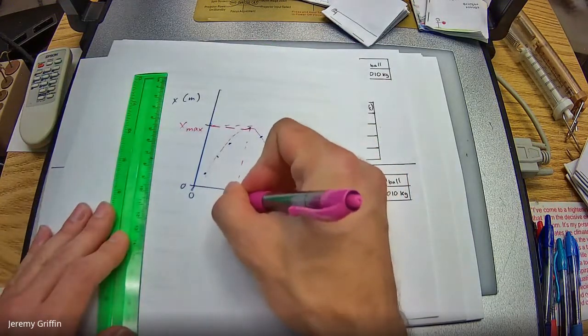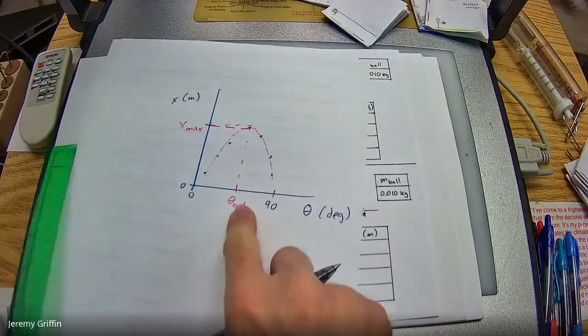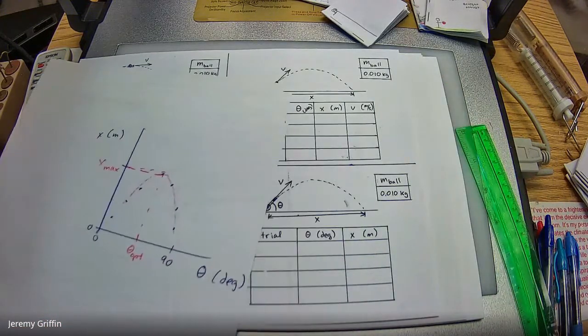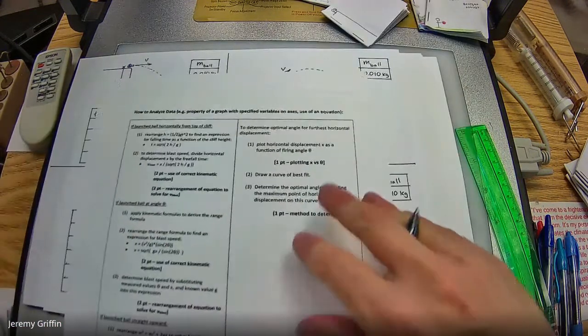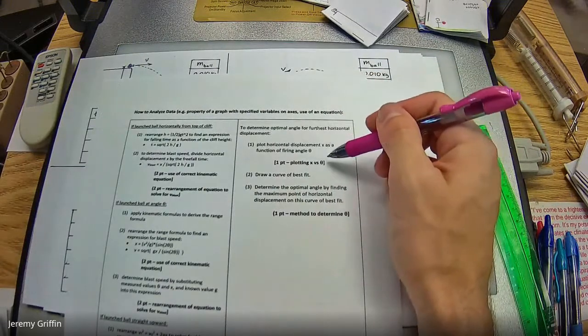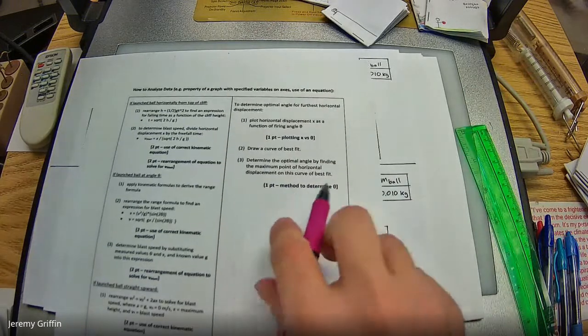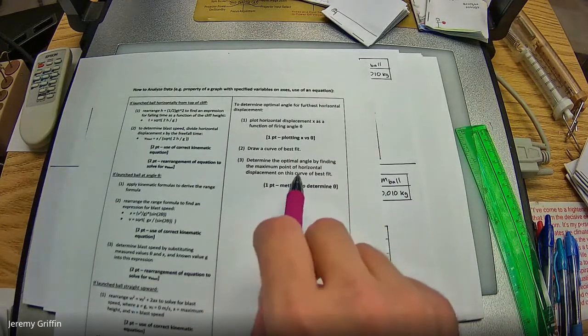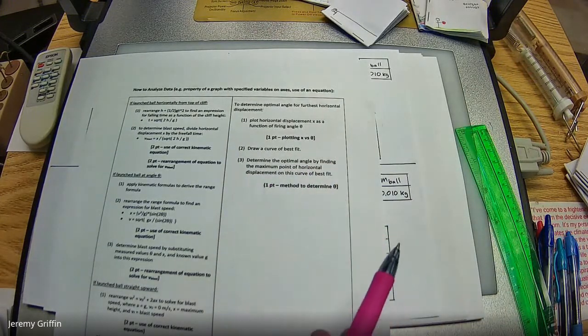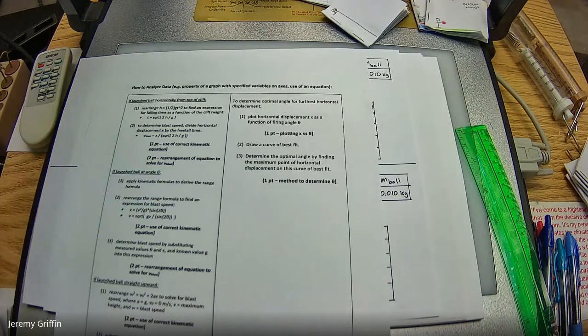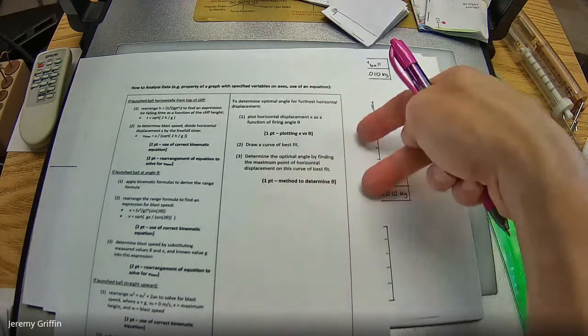We'll call it theta optimal. So that's a good way to do it experimentally. So 1 point for plotting x versus theta, and 1 point for determining theta optimal from that: draw a curve of best fit and find the optimal angle at the maximum horizontal displacement. Basically, what I just said is worth a couple points.